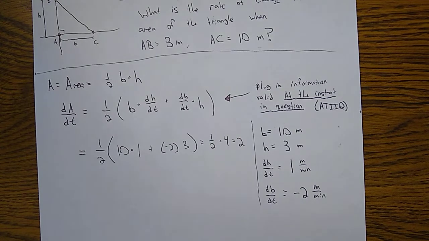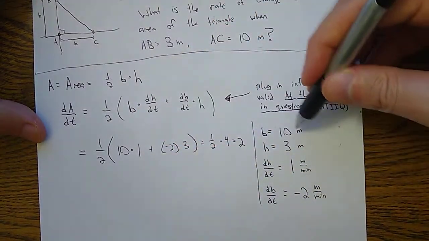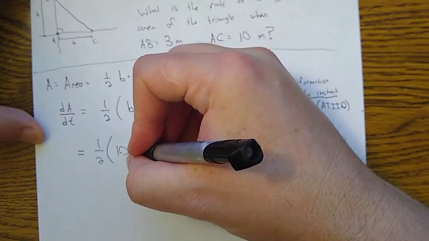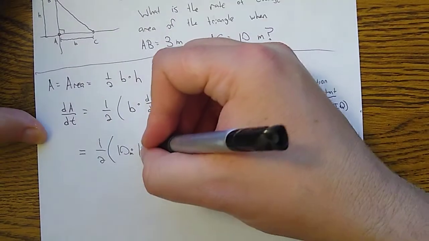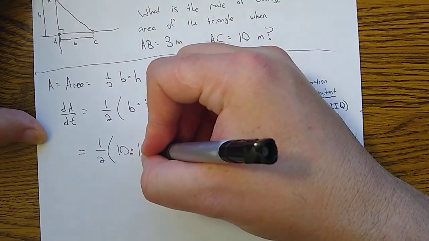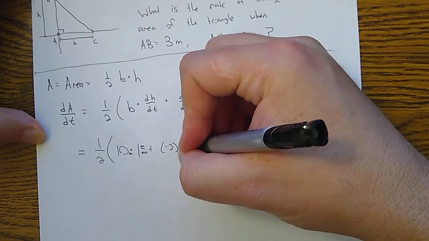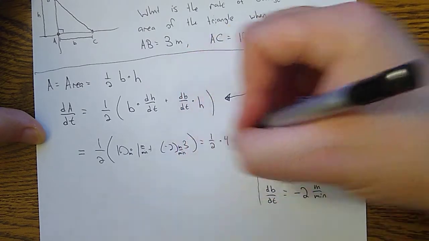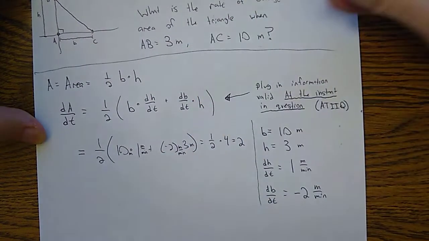And let's put units on our answer. Actually, one way to get units on our answer is for me to go back and put units on all of these. Like this was meters, this one was meters per minute, this -2 was meters per minute, this 3 was meters.